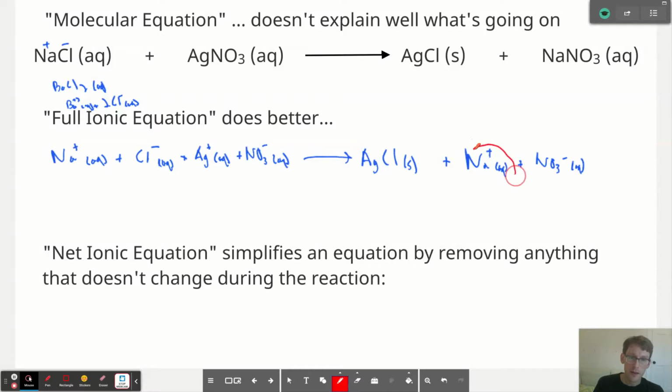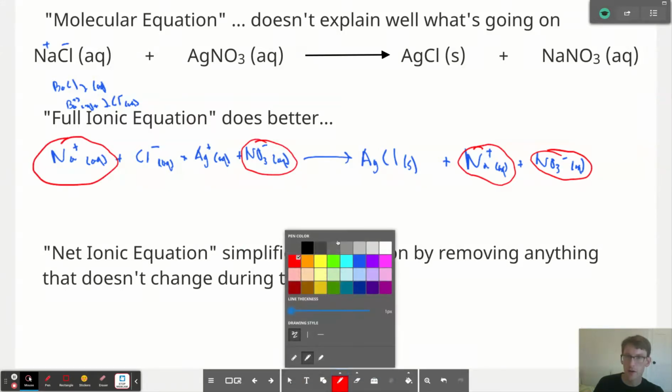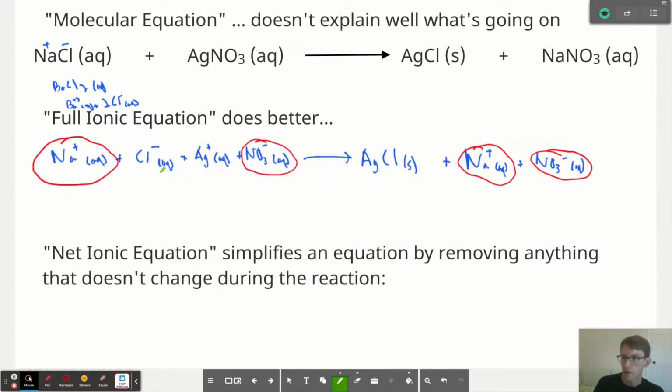So because this and this are the same thing, you can subtract them out from the equation and everything still holds. Same thing with the nitrate. What changes is, and I'm just going to underline this part in green, what changes is that our initial aqueous ions of silver and chloride become a solid silver chloride structure.